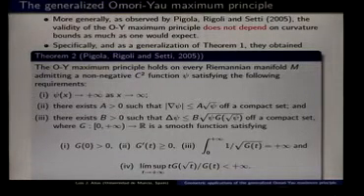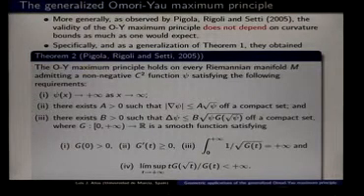There exists a positive constant b such that the Laplacian of psi is bounded from above by b times a function g of psi, outside a compact set of M, where g is a smooth function satisfying these technical conditions. So that's what we call the generalized Omori-Yau maximum principle.